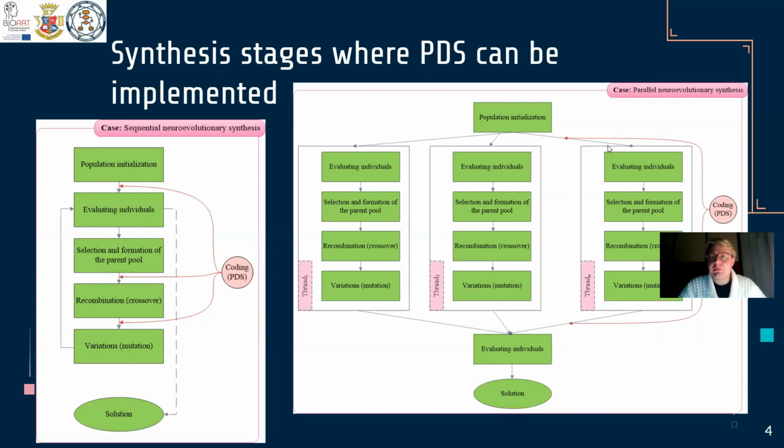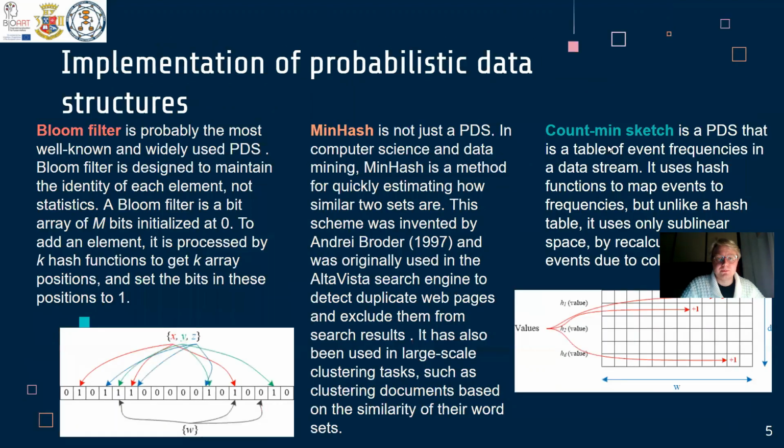In the parallel system, we usually say that we can't use a probabilistic data structure while we work on the threads or in the different cores, but we can use it when we transfer data to or from the main core during the execution.